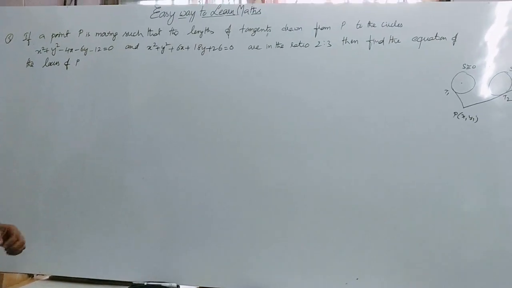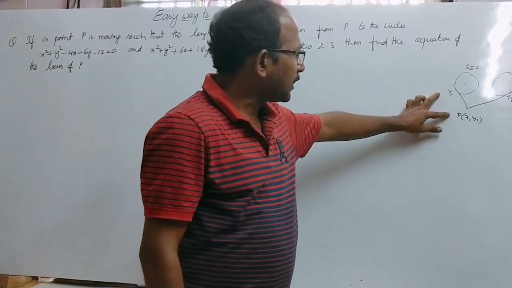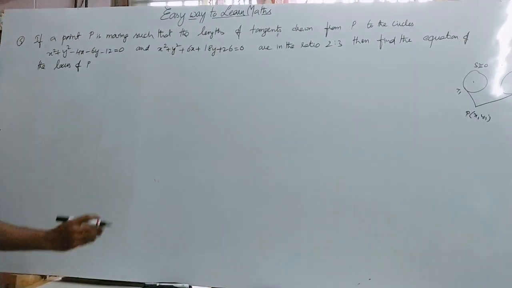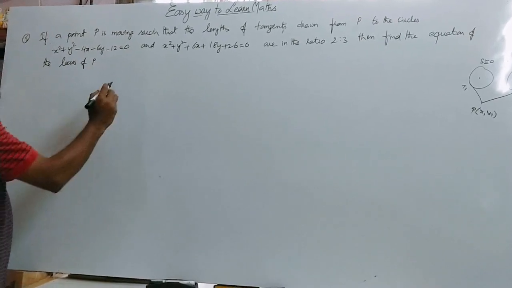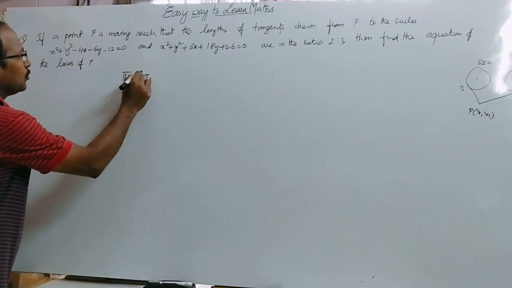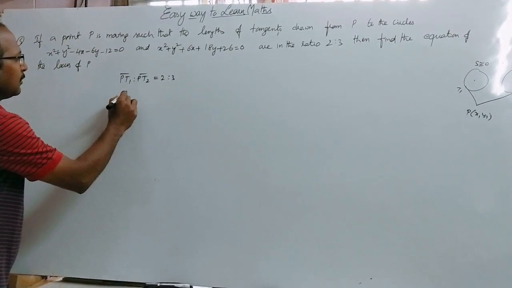And the ratio is given, that is the ratio of these tangents. First tangent is PT1 and second tangent is PT2. The ratio of PT1 and PT2 is given as 2:3. That is, PT1 is to PT2 lengths is equal to 2:3.